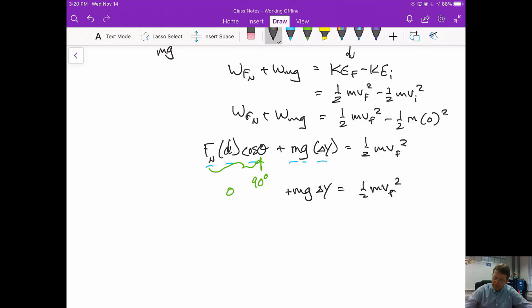So mg delta y. Remember, by definition, when we say that the work done by gravity is mgh or mg delta y, the displacement variable is the displacement in the downward direction.